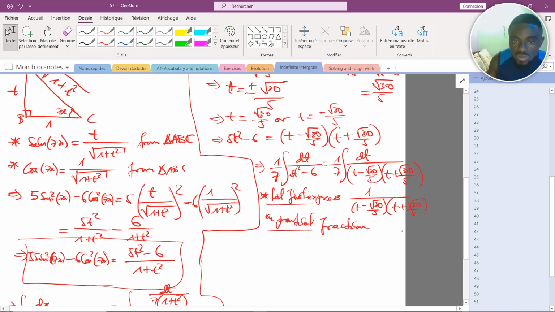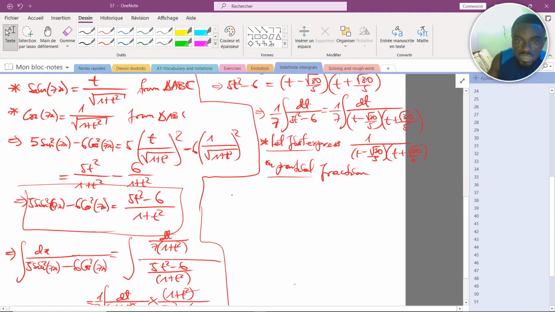So we know that 1 on t minus root 30 on 5 into t plus root 30 on 5, if you are to express it in partial fraction, this is identical.